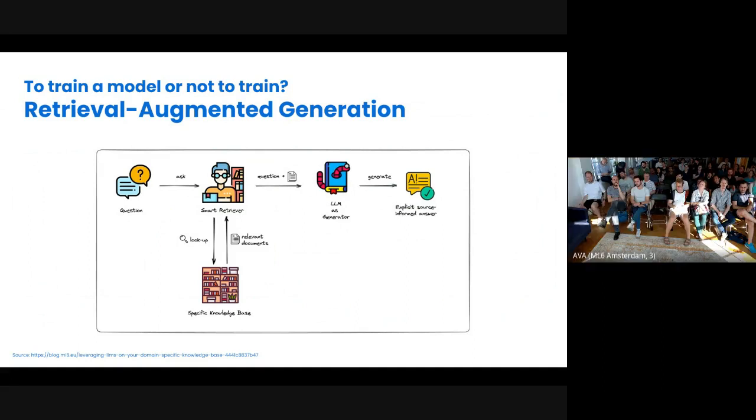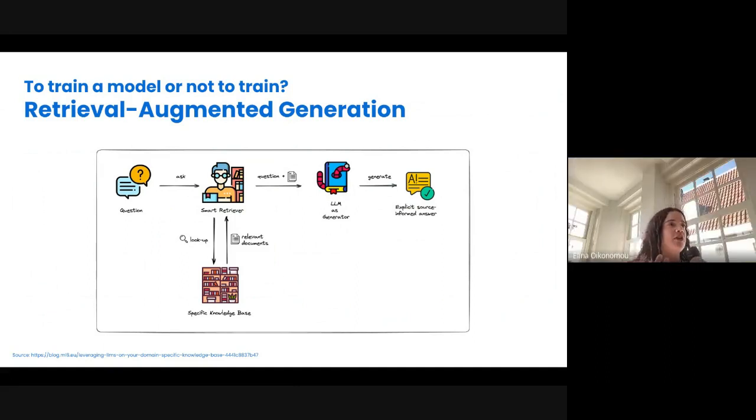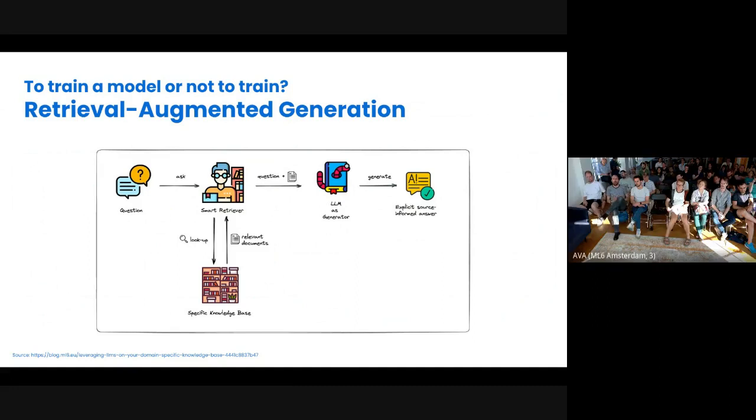I think nothing new here. It was also discussed in the previous talk. So we go to retrieval augmented generation. We ask a question, and we have our internal knowledge base, and a smart retriever that matches the question from the user with the most relevant documents sitting in the knowledge base.